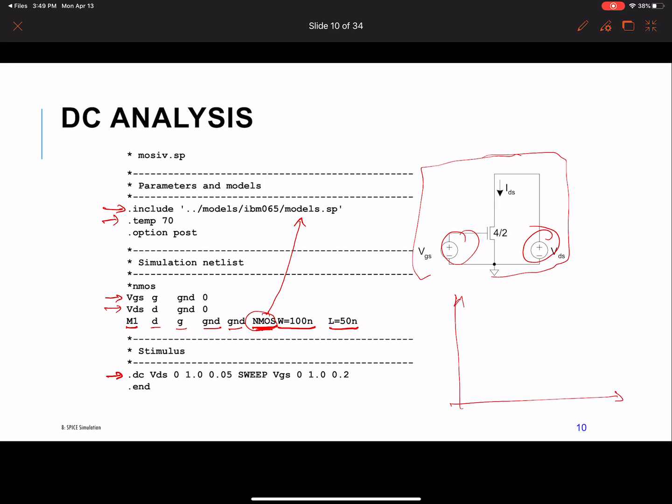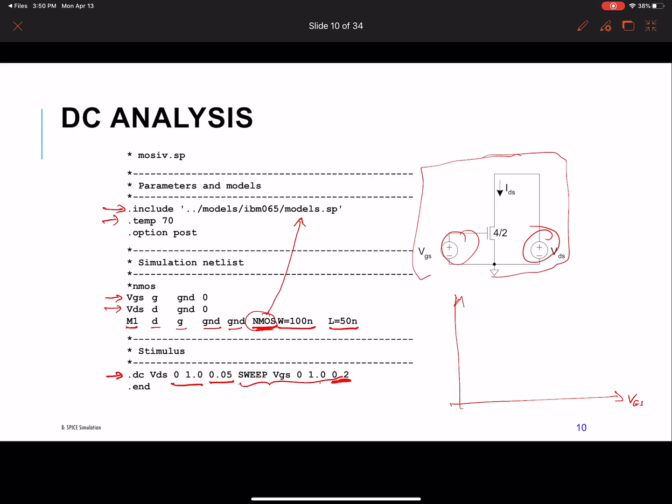So it goes through, VDS is 0. So it's probably, let's see, what would you do? Almost seems like you want to do VGS. So basically it's got an inner loop, okay, which is VGS from 0 to 1 in 0.2 volt increments, and an outer loop, which is VDS from 0 to 1 in 0.05 volt increments.